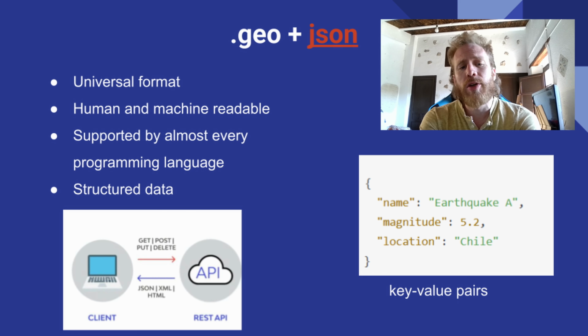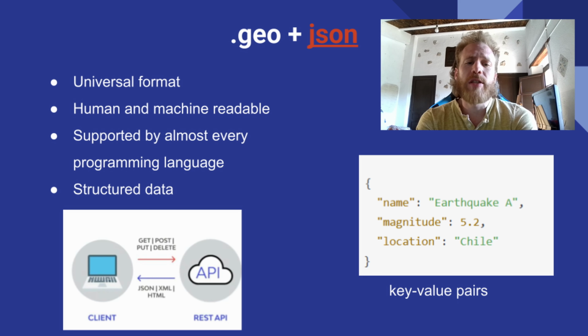What makes JSON so powerful is how universal it is. Developers use it to send data between servers and web apps, or to store things like settings, configurations, or user data. It's supported by almost every programming language out there. And here is the best part: JSON is both machine readable and human readable.